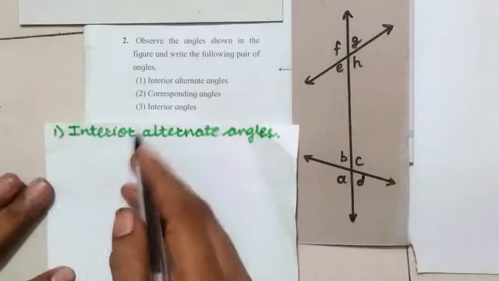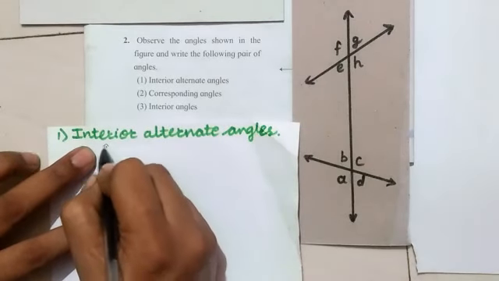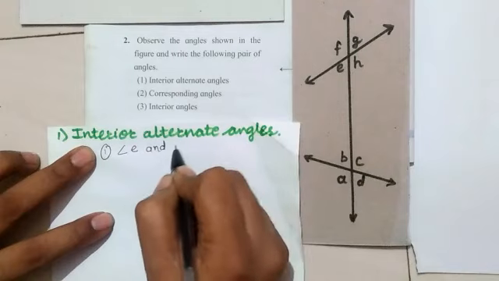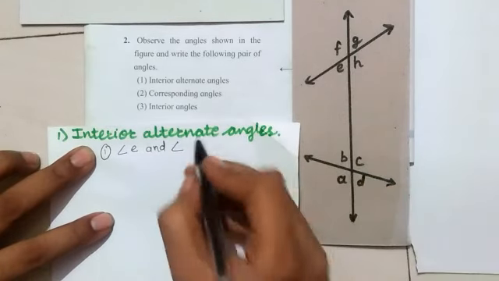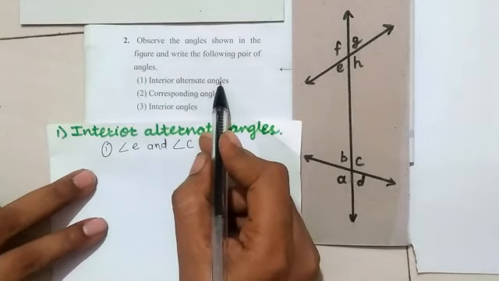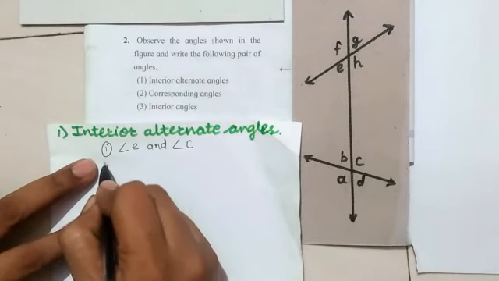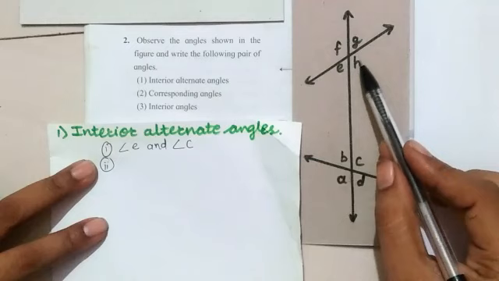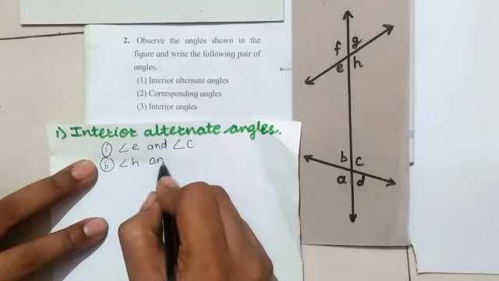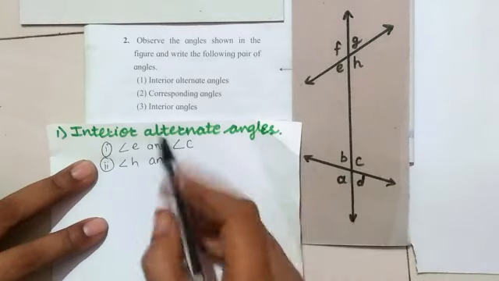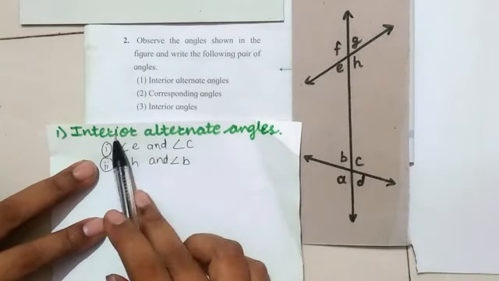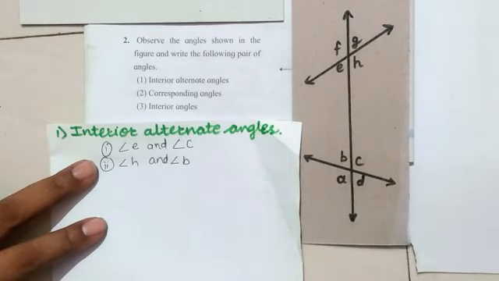So the first pair is angle E and angle C, the first pair of the interior alternate angles. Second one is angle H and angle B, the second pair of the interior alternate angles.